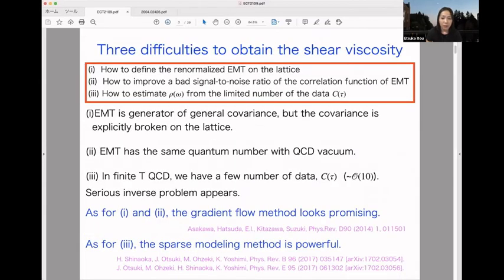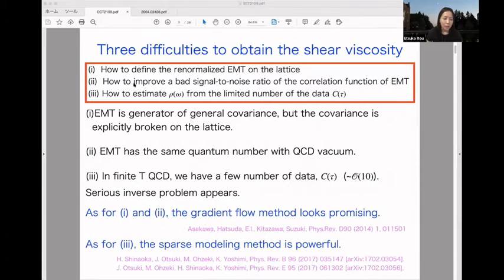However, on the theoretical side, we have at least 3 essential difficulties to obtain the shear viscosity. The first one is a theoretical issue: how to define the renormalized energy momentum tensor on the lattice? As you know, the energy momentum tensor is a generator of general covariance, but such covariance is explicitly broken on the lattice.